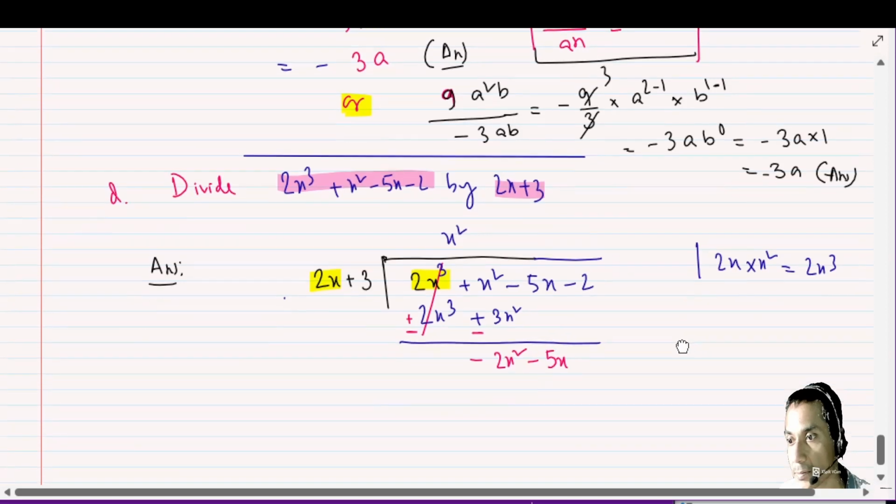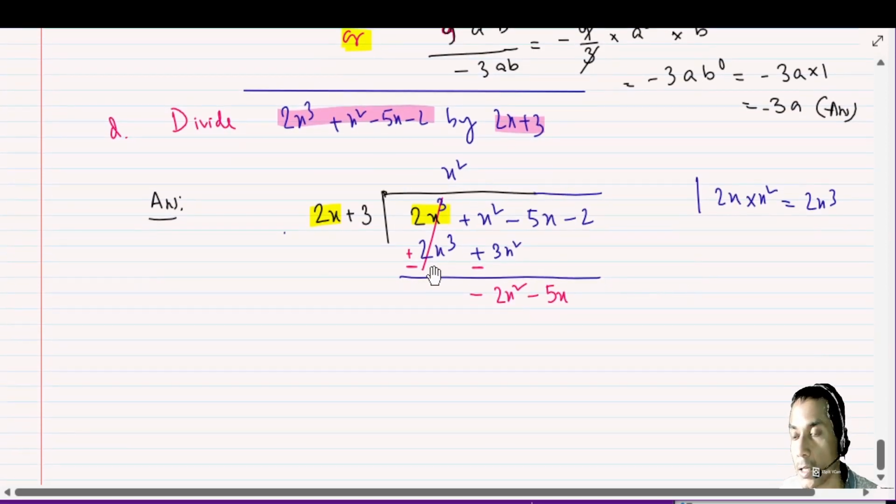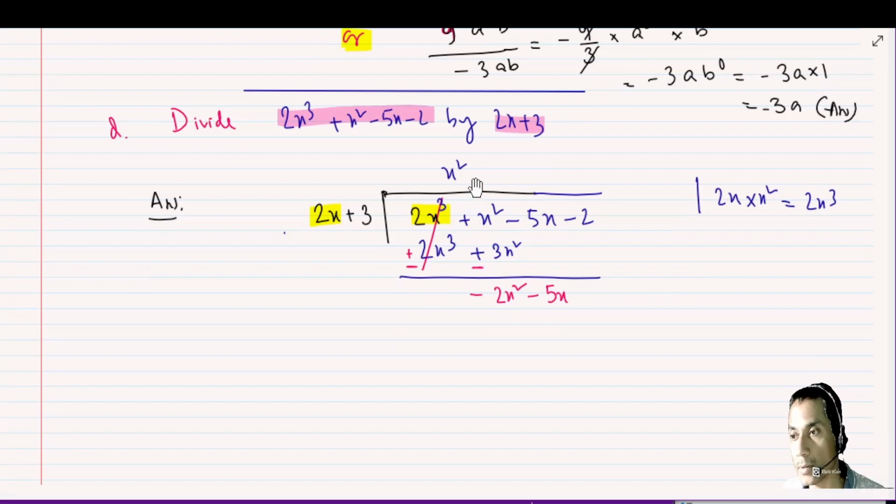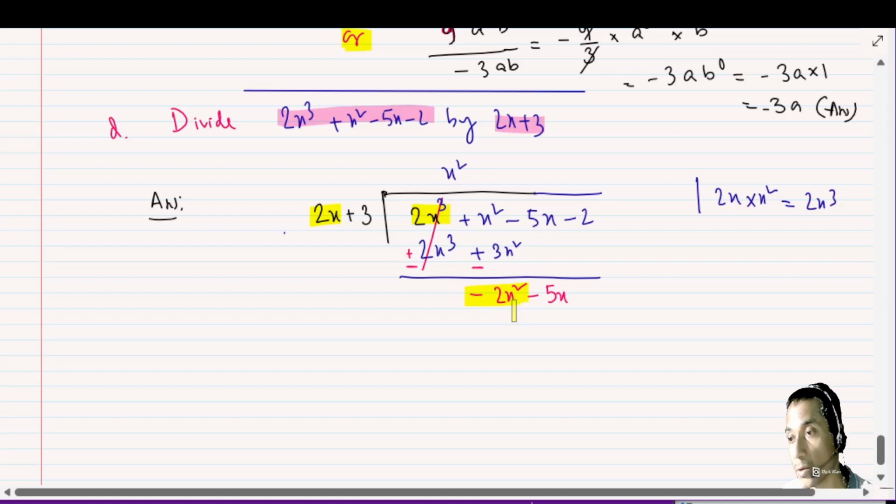Next, again we have to choose that particular value with sign also. You must remember, we have to match this entire term, including the minus, because we have to consider the minus also.